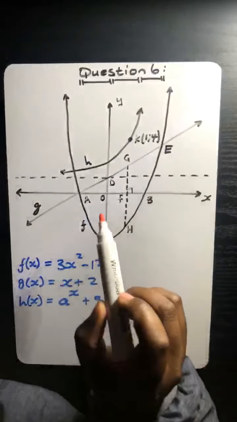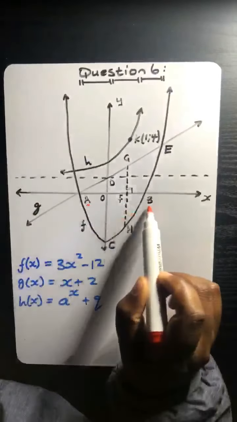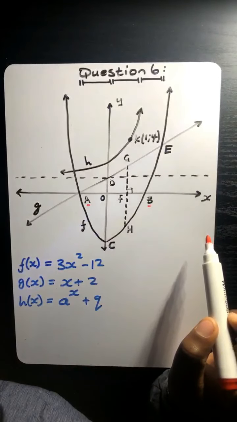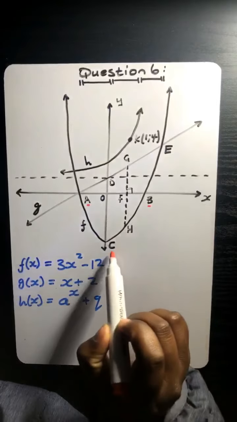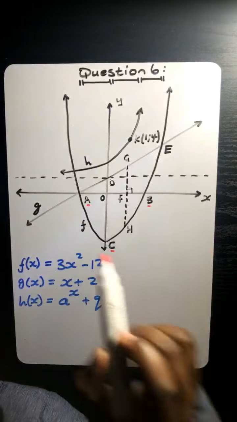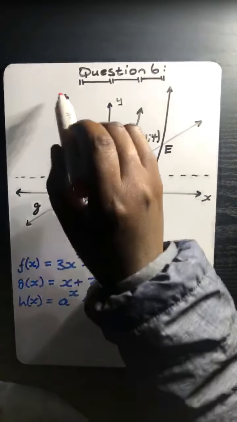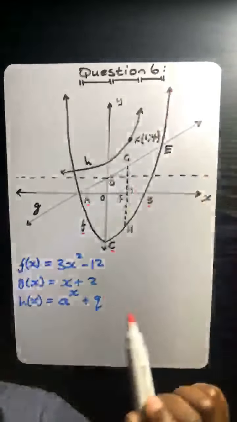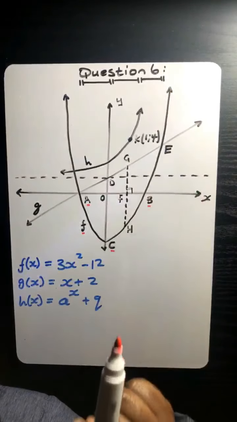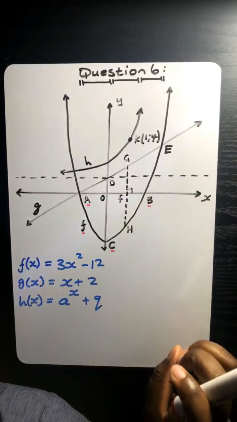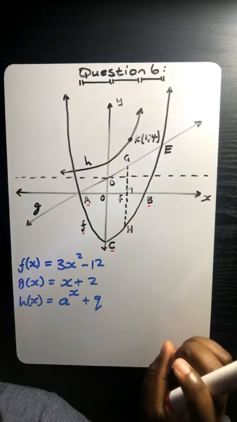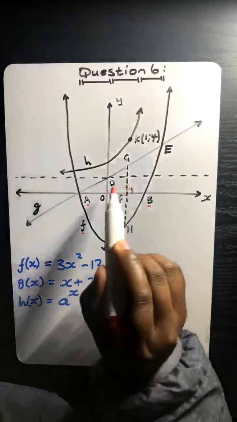Can you see? The statement says A and B are the x-intercepts and C is the turning point of f. There is f. You can see there we have the shape of a parabola, which we'll explore more just in a while. So D, where's D? Oh, there.